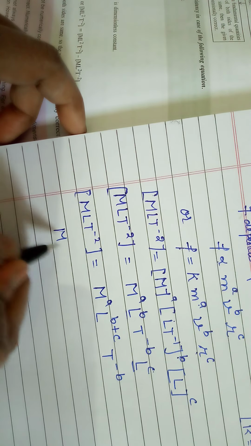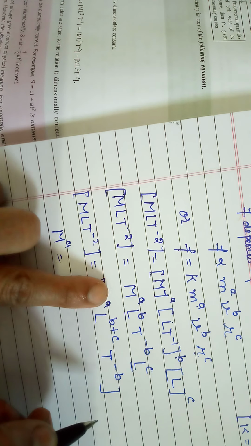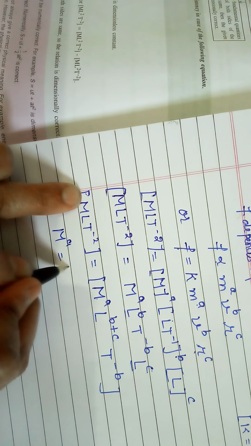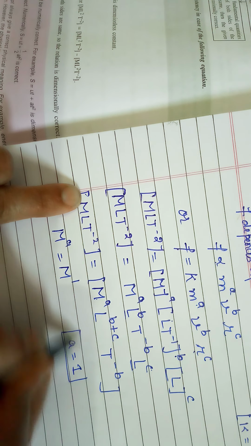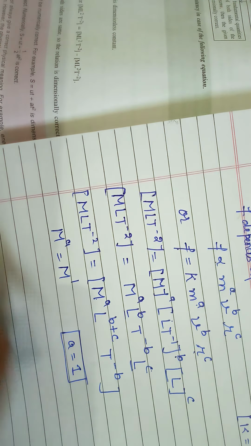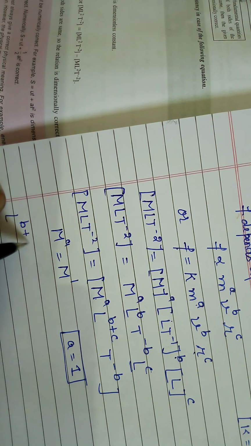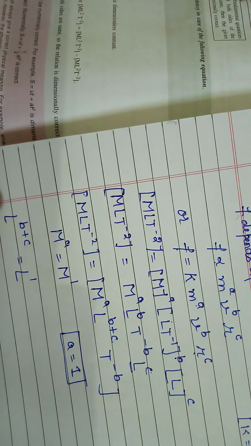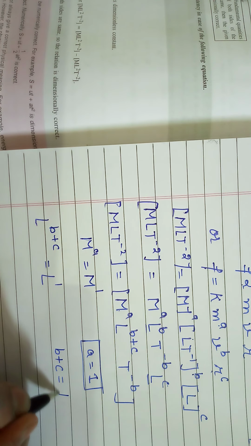Now comparing the powers: M raised to the power a is equal to M raised to the power 1. So what is the value of a? That is 1. Now in the second condition, L to the power b plus c is equal to L raised to the power 1. It means that b plus c is equal to 1.